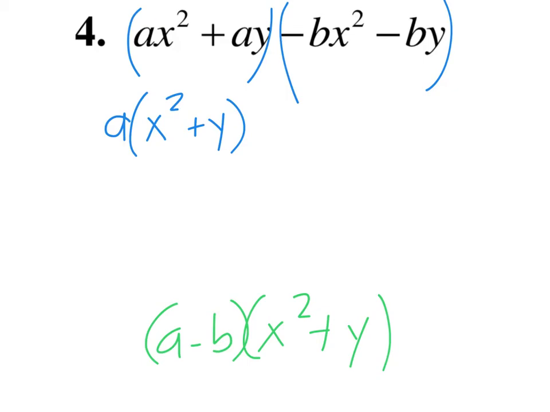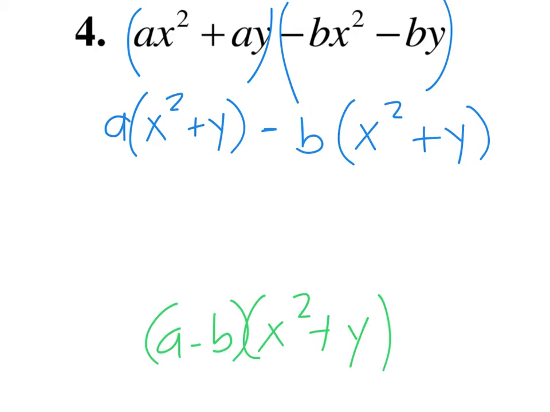The GCF of the second 2 terms is a b, right? But if I just factor a positive b out, then I'm going to have 2 negatives left in parentheses, which is not going to match. So I'm going to factor a negative b out. And in doing so, that leaves me with positive x squared and a positive y.